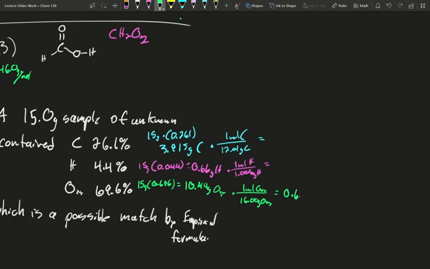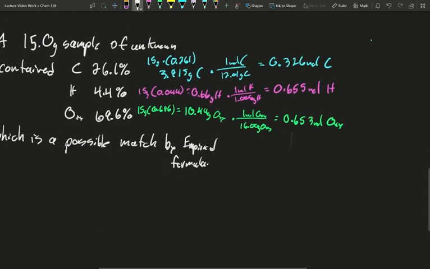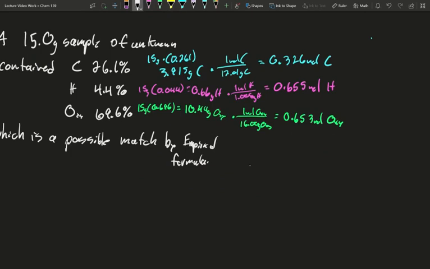So 0.653 moles of oxygen, 0.655 mole of hydrogen, and 0.326 mole of carbon. If I then set that up to find the empirical formula, I'd say, well, there's carbon, there's hydrogen, there's oxygen, there's 0.326, there's 0.655, and 0.653.